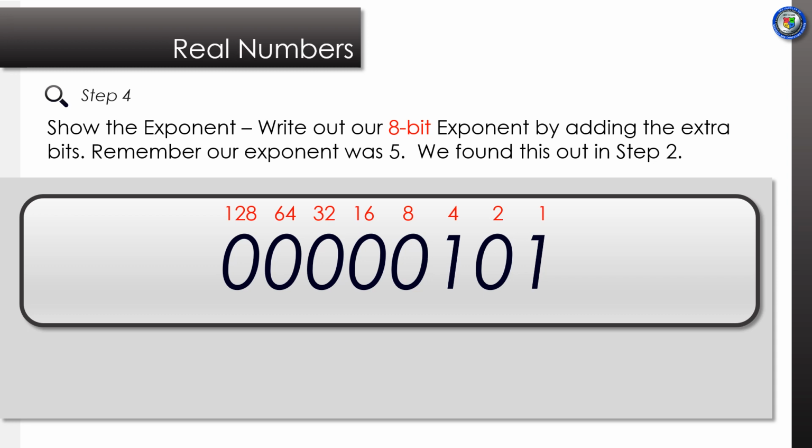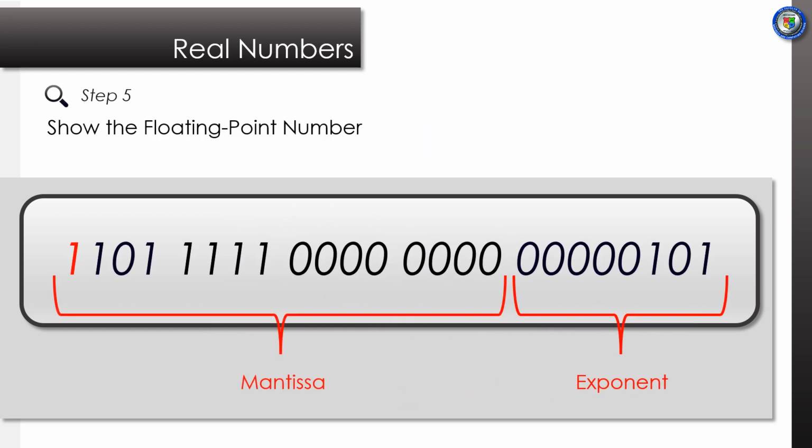This would be our 8-bit exponent. Finally, in step 5, we will show our entire 24-bit floating point number. We will do this by placing our 16-bit mantissa, which includes the sign bit, next to our 8-bit exponent.